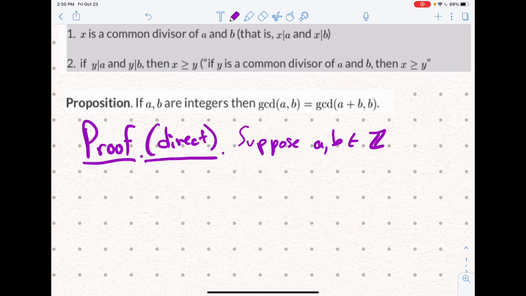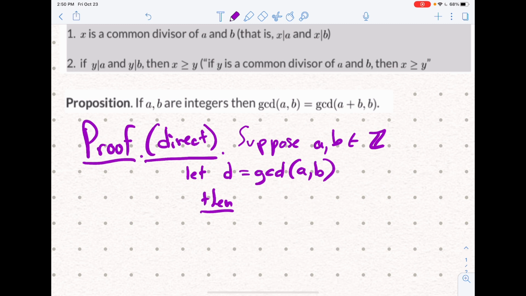We want to show that these two things are equal. So I'm going to give this one a name. Let D equal the GCD of A and B. And then what do we know about it? Well, first, D divides A, and D divides B. This part is just from the definition of GCD.